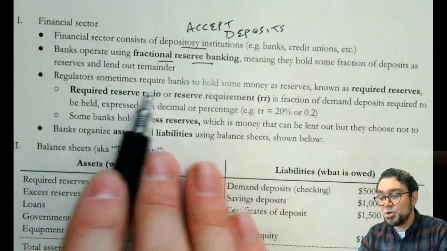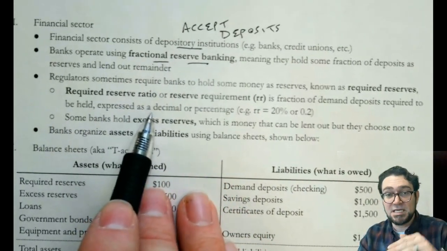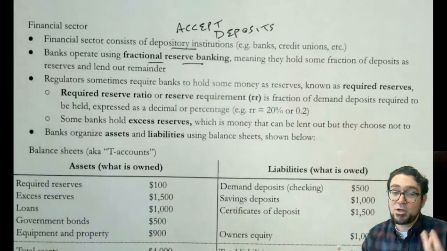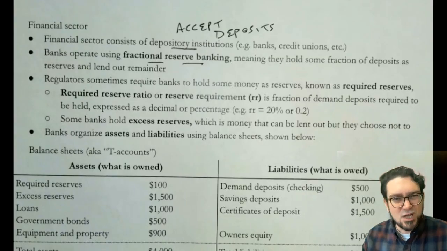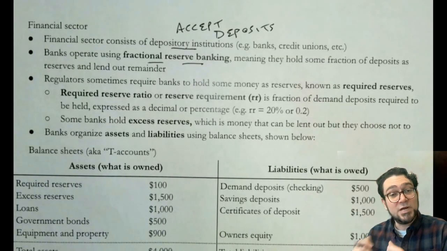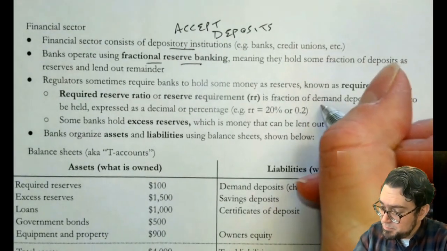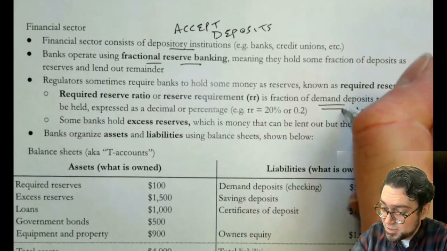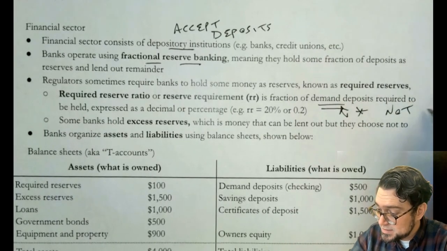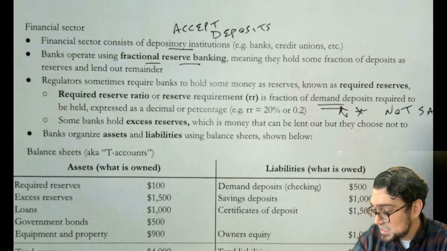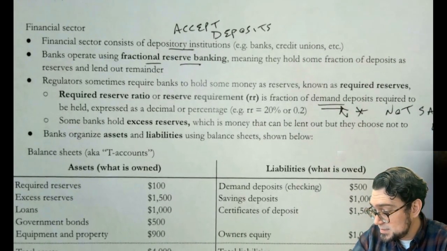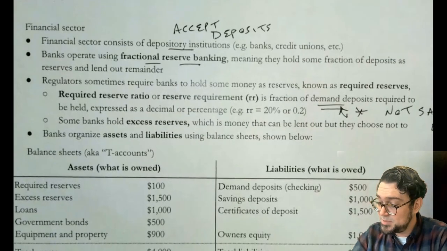Now, regulators will often tell banks you must keep some money in reserves. We call that required reserves, kind of a duh name. The required reserve ratio is the percentage of demand deposits. I want you to put a star next to that part, not savings. It's not savings accounts and not CDs, not those time deposits.